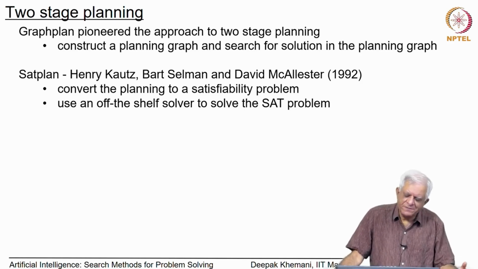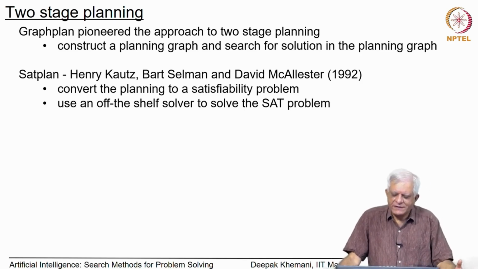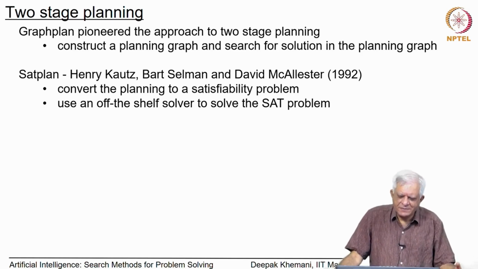This has been our theme in this course throughout, that we must have general purpose problem solving approaches, and we take specific problems and solve them using those general purpose approaches.